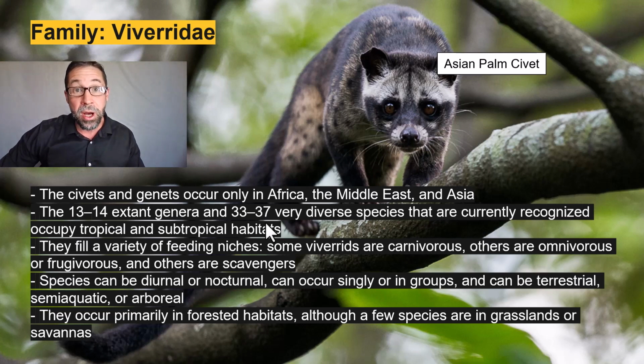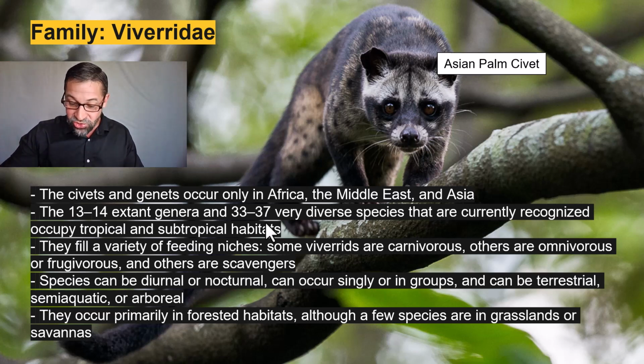They're going to occupy tropical and subtropical habitats, filling a variety of ecological niches. Some viverrids are carnivorous, others are omnivorous, and still others are frugivorous. Some are even primarily scavengers. Civets and genets can be diurnal or nocturnal. They can occur singly or in groups, so lots of diversity here.